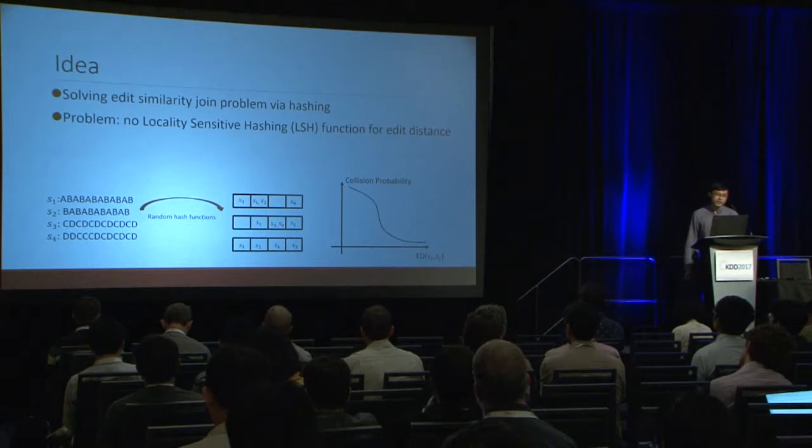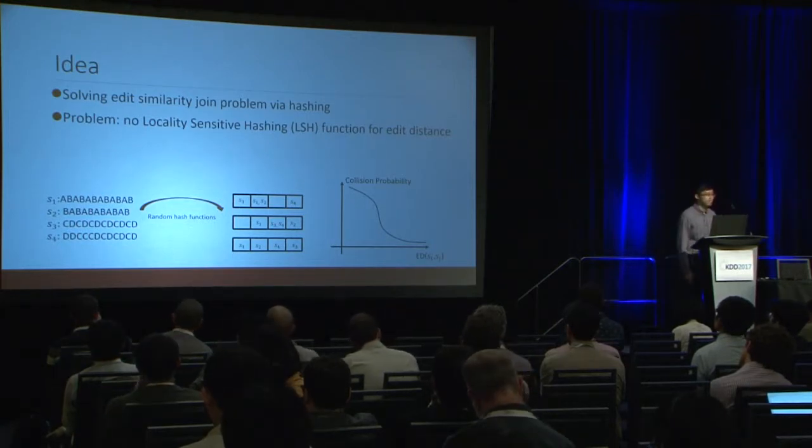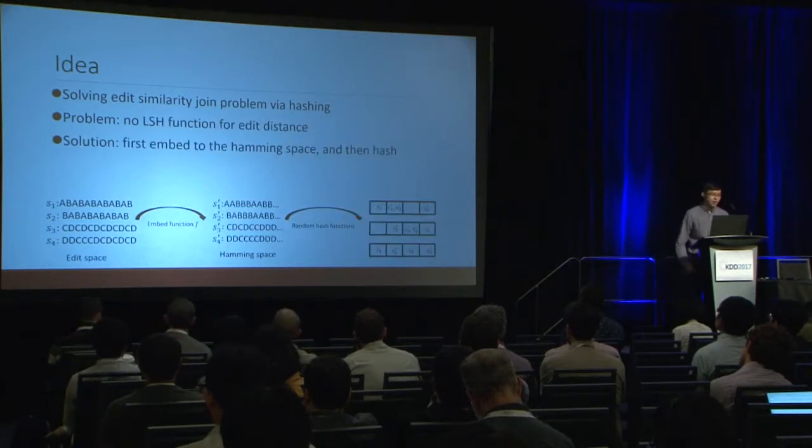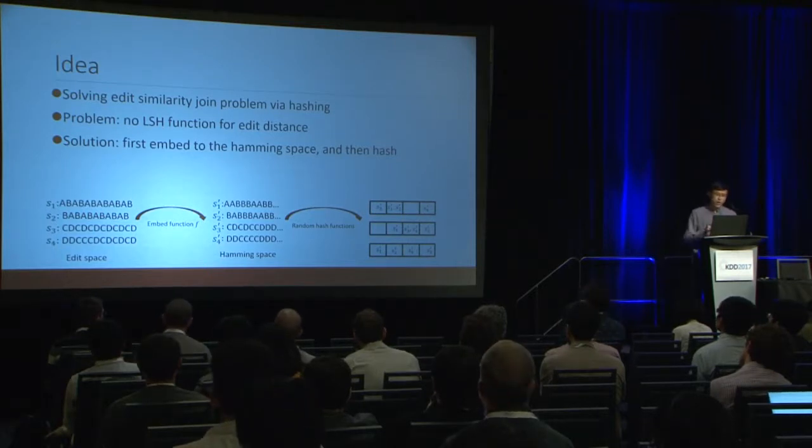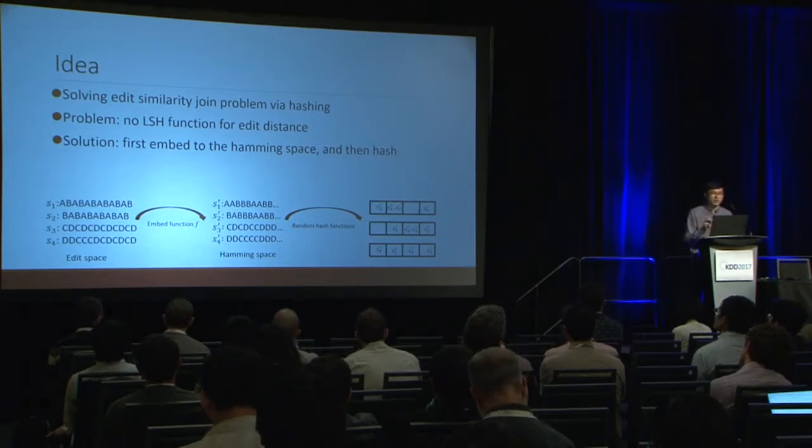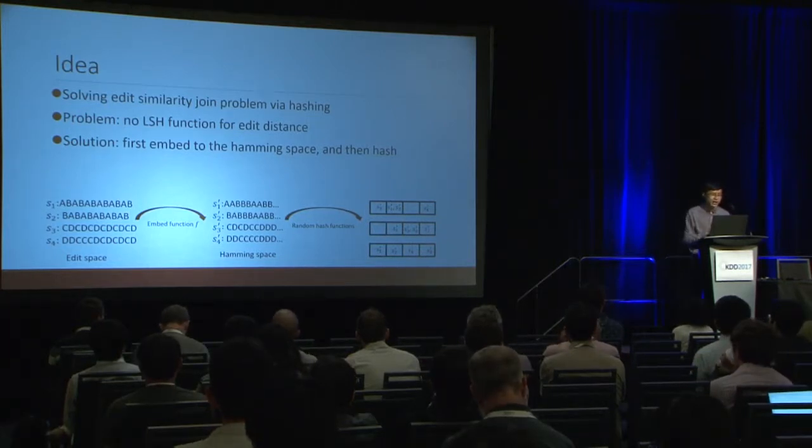However, the problem is there is no LSH function for edit distance. In order to solve it, we decide to first embed all the strings from edit space to Hamming space. Here, the term embedding is very different from the embed in other presentations in this session. This embed is metric embedding.